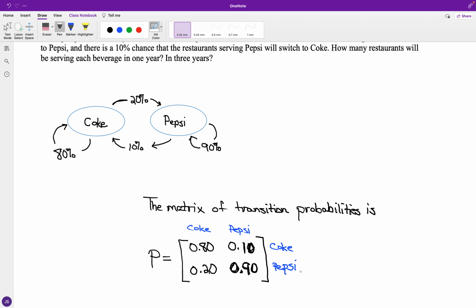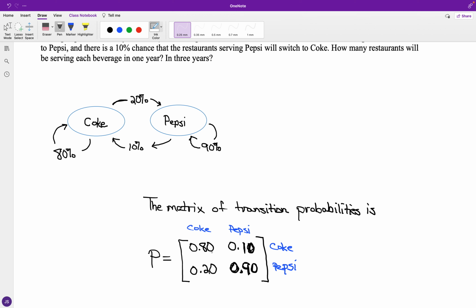Making sense of the numbers, the probability of staying with Coke is 80%, going from Coke to Pepsi is a 20% probability, and going from Pepsi to Coke, again, there's a 10% chance. And staying with Pepsi, from Pepsi to Pepsi, in other words, it's reflexive, is a 90% chance. And again, this matrix is stochastic.